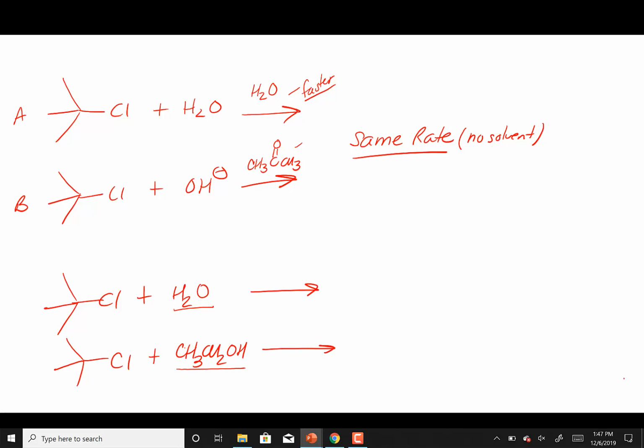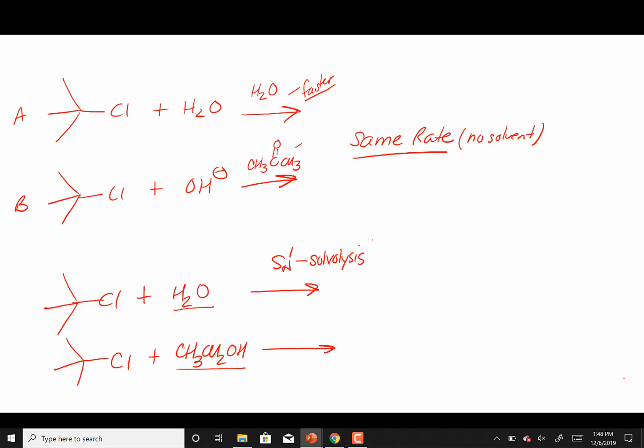But you could also consider that these are SN1 reactions, and also examples of solvolysis reactions, because in solvolysis, the solvent is the nucleophile. So in this case, these are not only nucleophiles, they are also solvents. And they're both protic solvents. So you might say, well, they still go at the same rate.